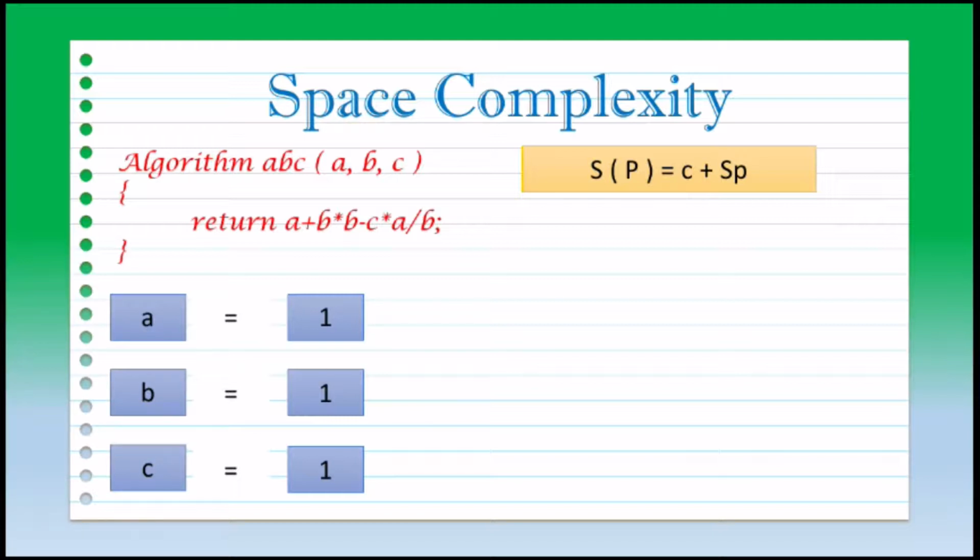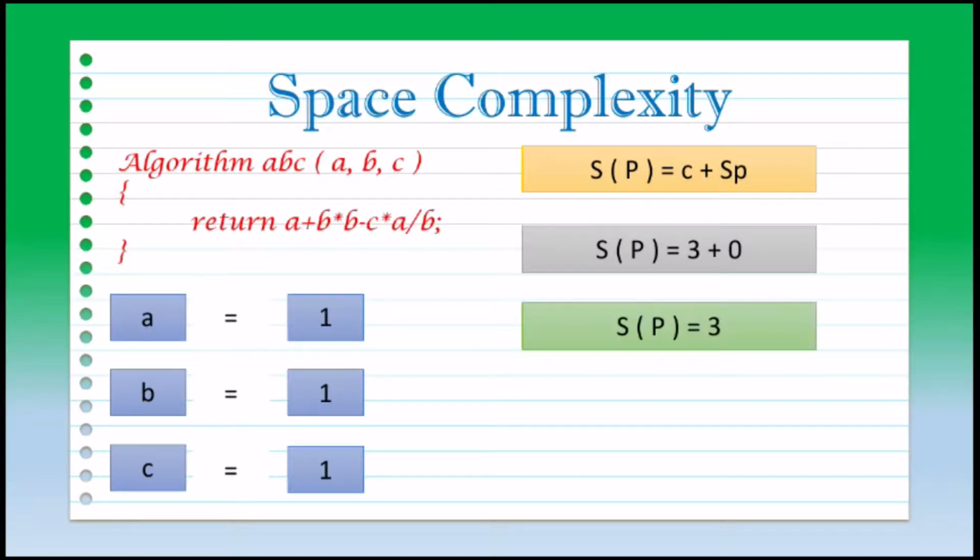So as per our formula, the constant value C is 3 and S_P remains 0. So S(P) = 3 + 0, that is S(P) equal to 3. The space complexity for this algorithm is 3.